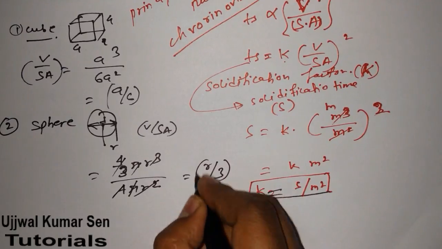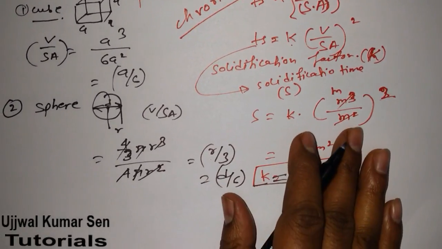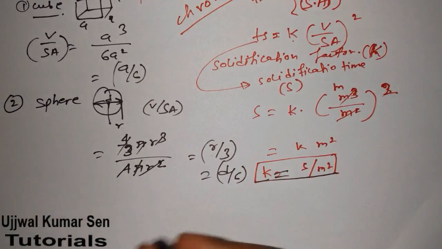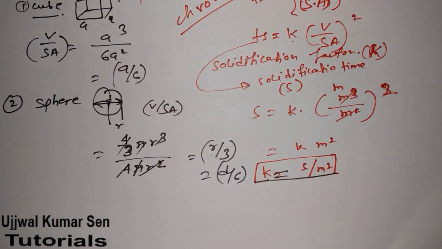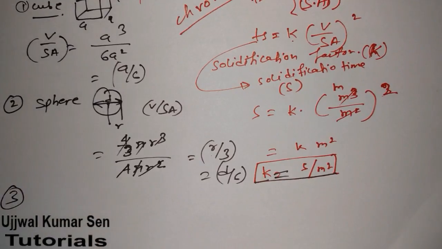So r by 3, that means d by 6. This is for sphere. I'm just trying to share with you the relation between volume by surface area of different shapes. That's why when you get questions in the examination, it will become quite easier for you to solve the question right away, in very less time. That's why I'm doing all this.